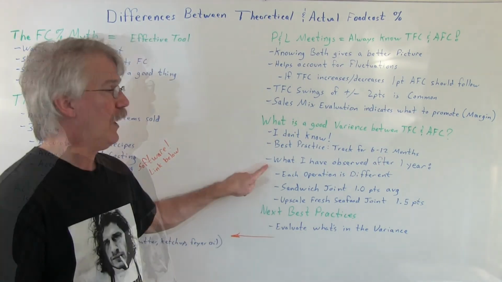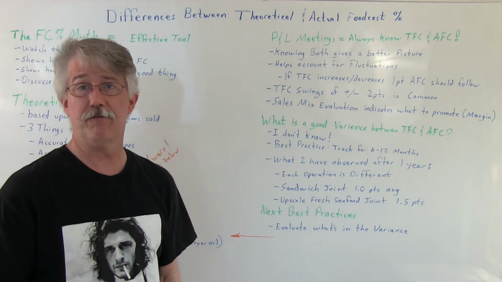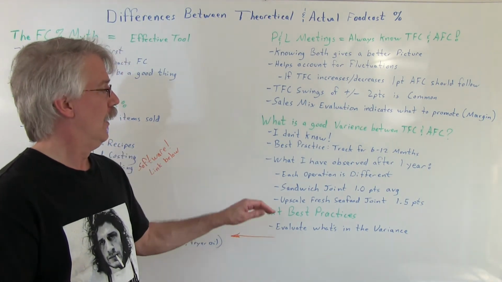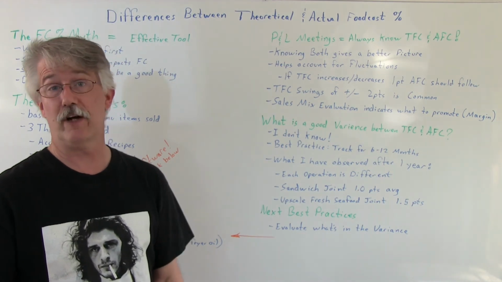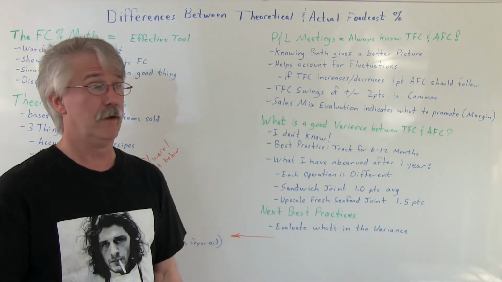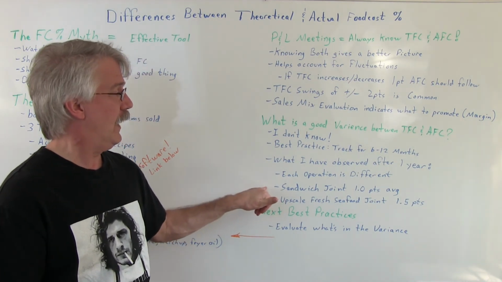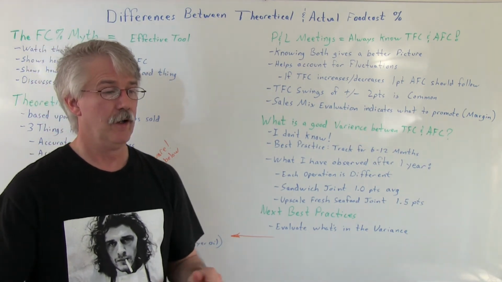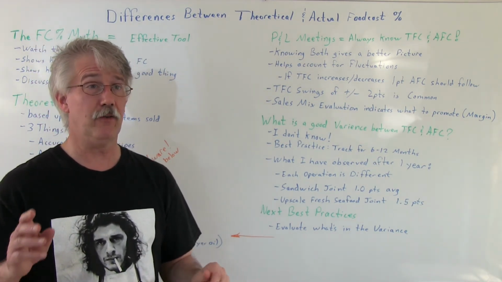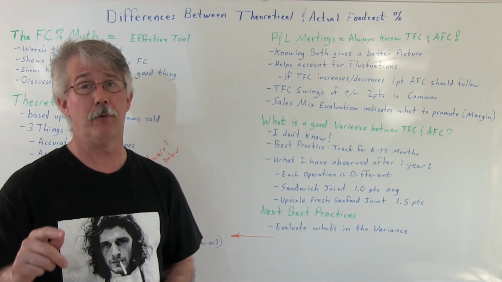All right? What I've observed over the course of a year in watching 5 different operations is that first, each operation is different. It's not a one-size-fits-all kind of deal. All right? We have a sandwich shop, and what I've seen on that is over the course of a year, the average variance between theoretical and actual food cost percentage is about 1 point.